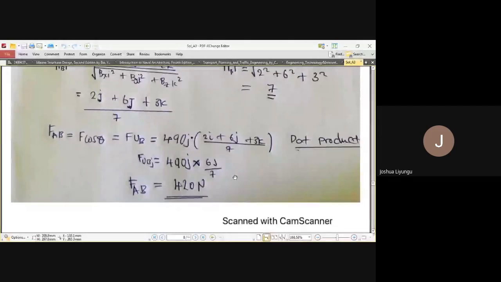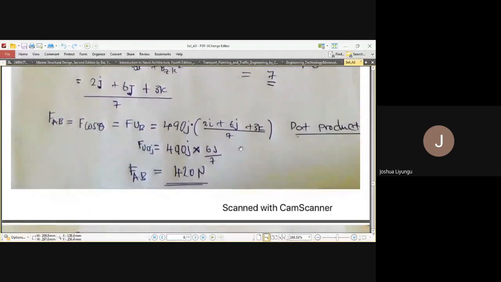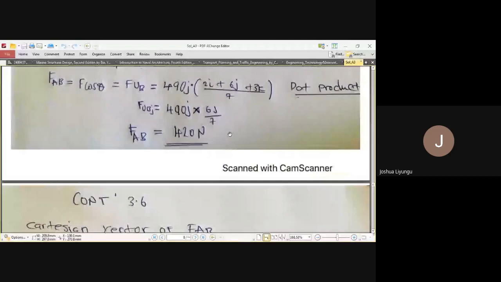So we are going to remain with 490j times 6 over 7. This gives you what? It doesn't give you a vector. You're going to find your answer to be 420 Newton.